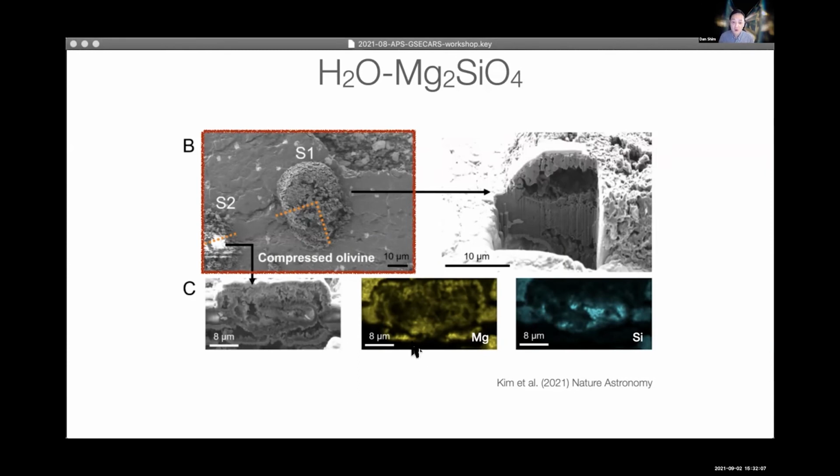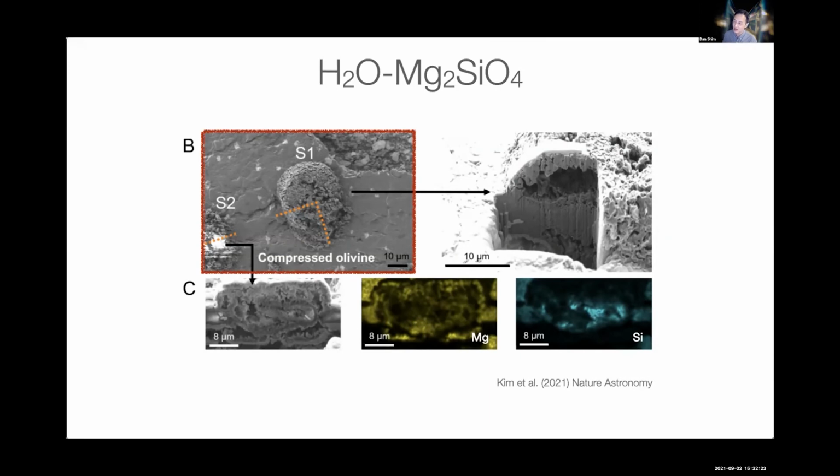And when we do EDX measurements, we find that the magnesium is selectively leached out from the heating center and moved to the edge. And then the center part of the heating spot was occupied by silica.